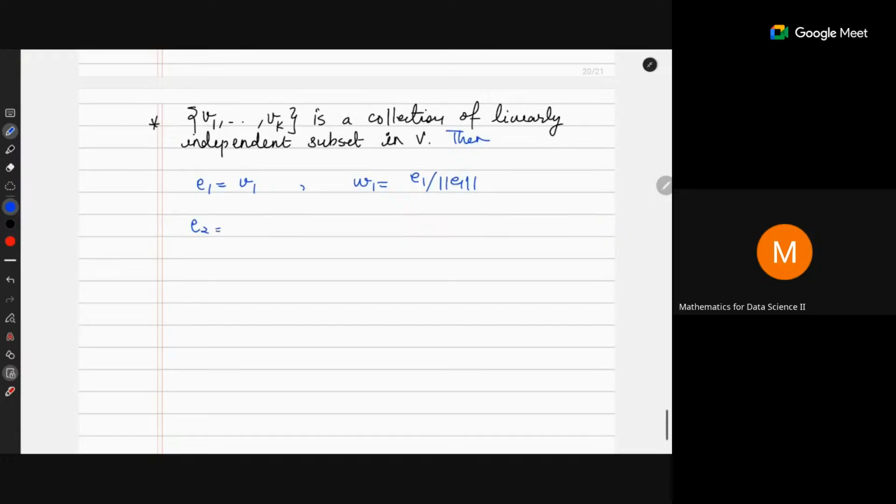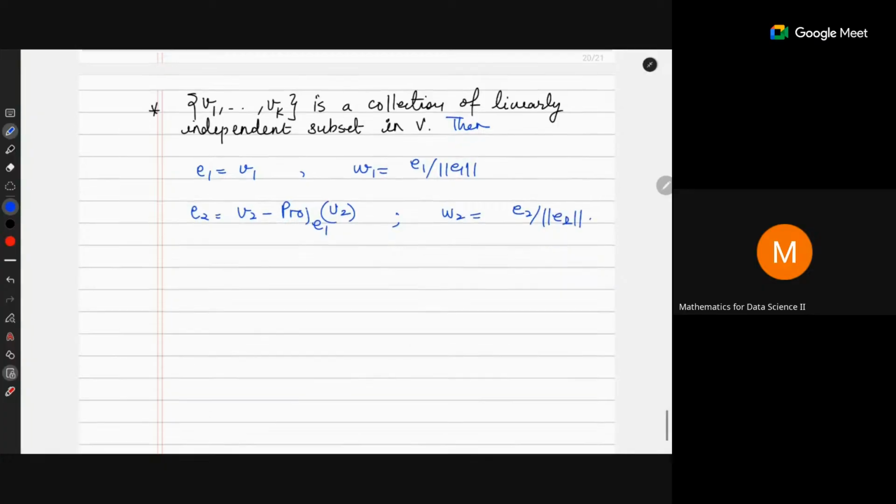My E2 will be V2 minus projection of V2 in the direction of V1. W2 again will be E2 by norm of E2, right?